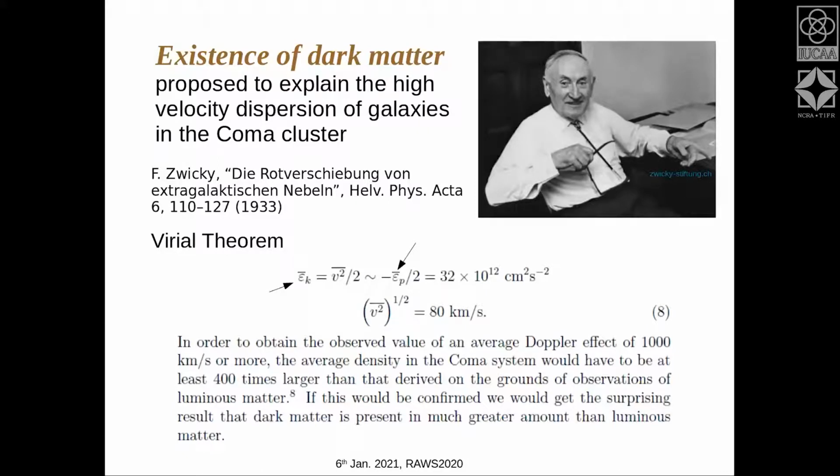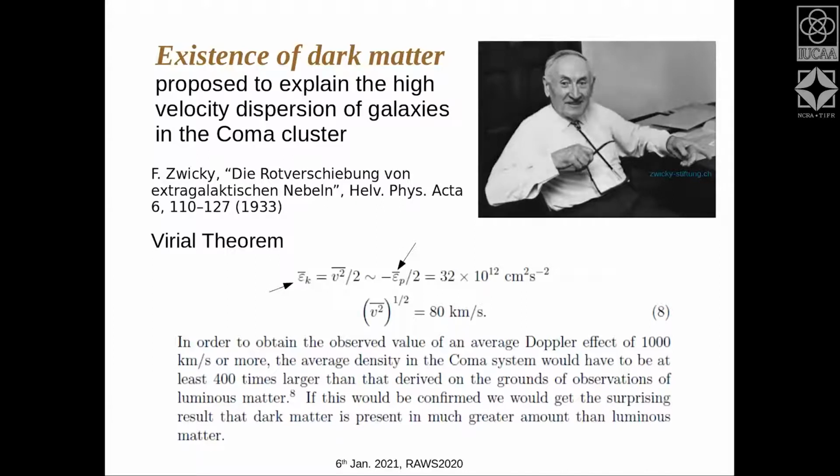The argument is based on the virial theorem, and what was seen was that the velocity dispersion of the galaxies was measured for the Coma cluster. Now we are seeing only galaxies there, so one would assume that the mass in this system is likely to be just the sum of the masses of these galaxies that are visible.